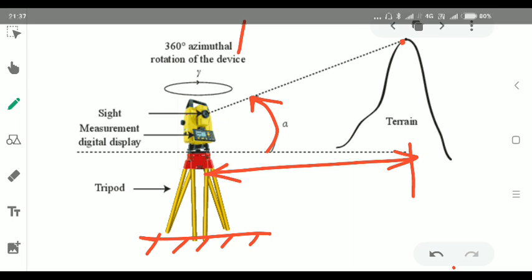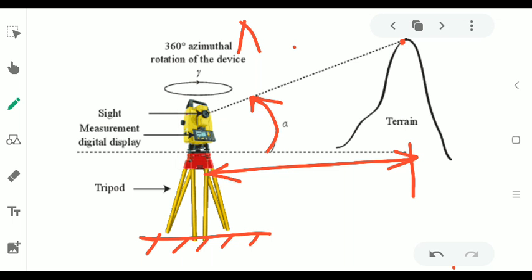Similarly, if there are other features on the ground, then the horizontal angle between these two features will also be calculated with the help of theodolite.